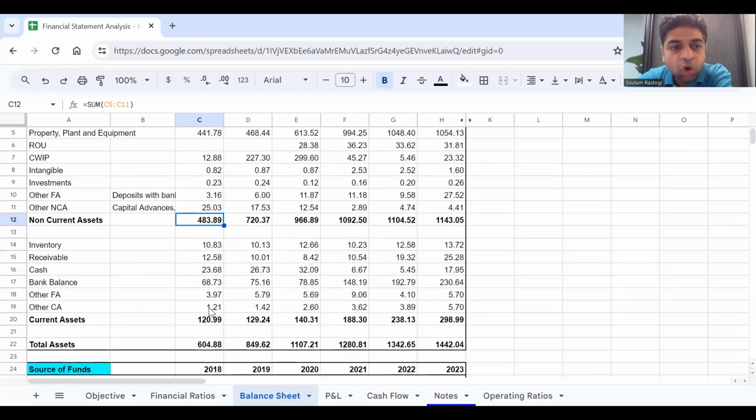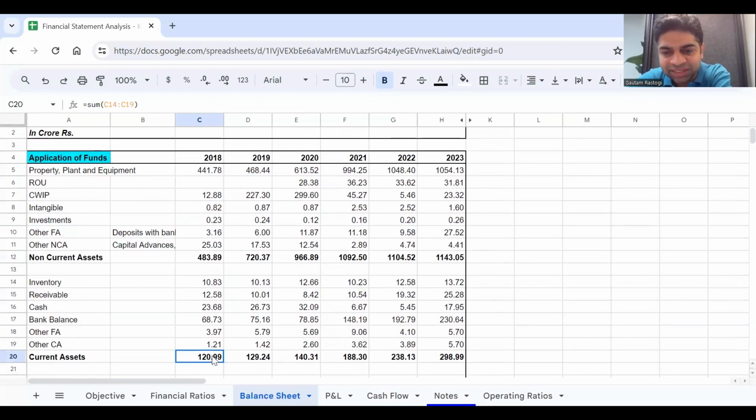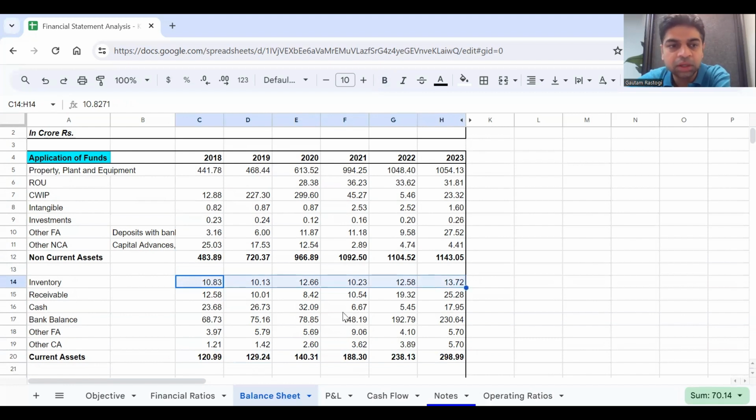Along with that, there has been a rise in current assets as well. There has not been much rise in inventory, which is actually very typical with hospitals. Receivables is a small number, but there has been a minor rise.